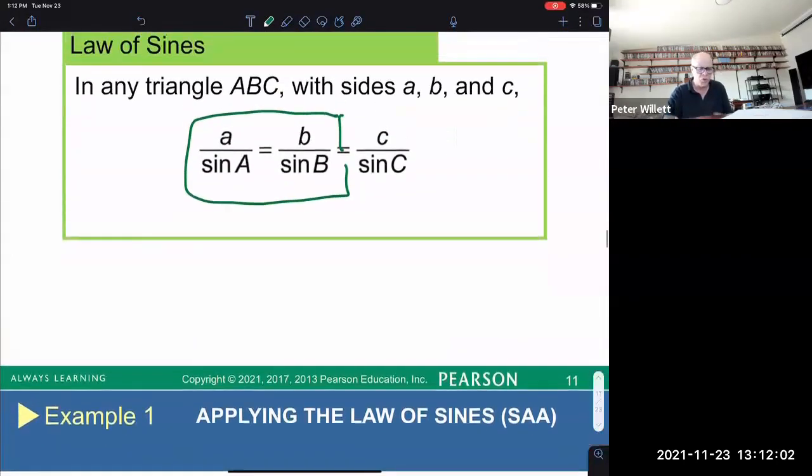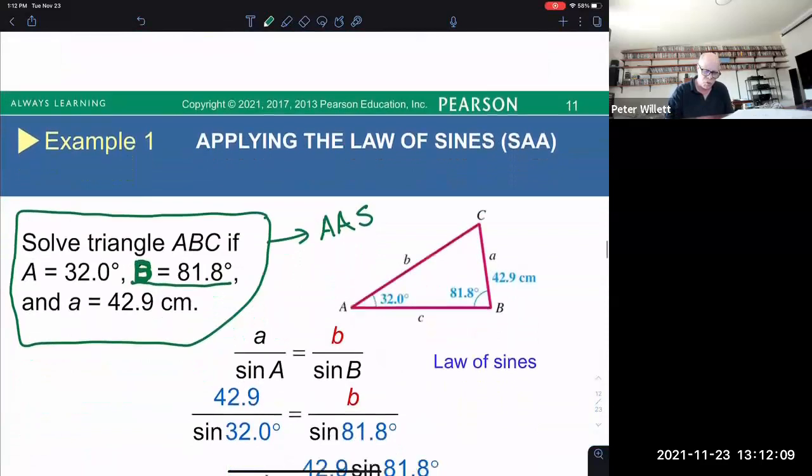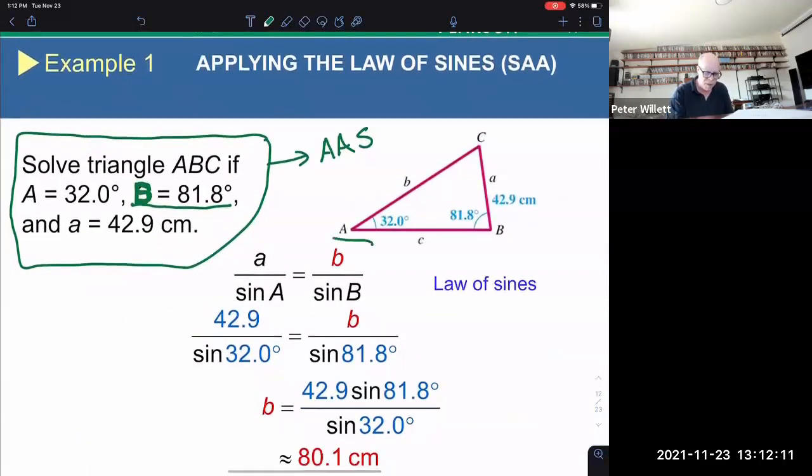So of these 3 corresponding fractions, these 3 ratios, we're going to choose the 2 that involve A and B, because all the information they gave us was about A and B. And they gave us 3 of those 4 things.